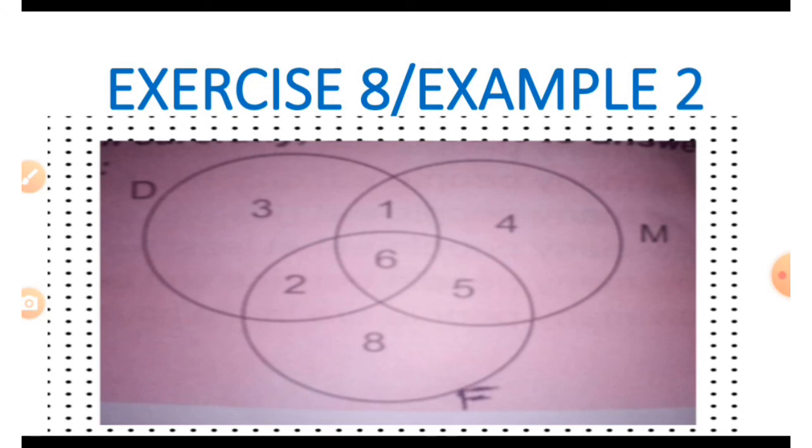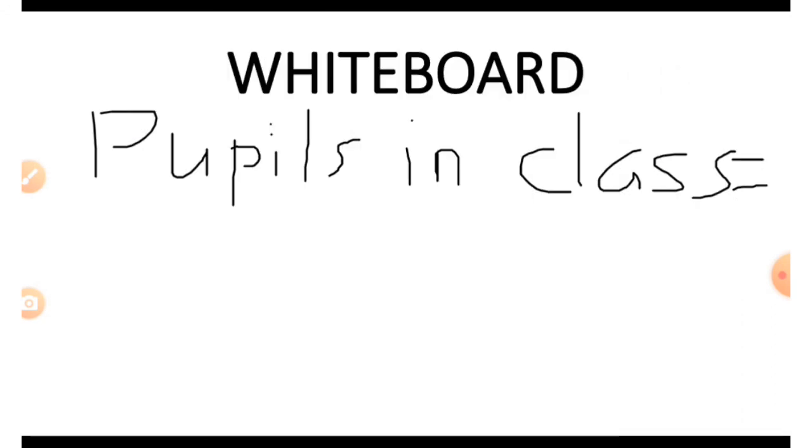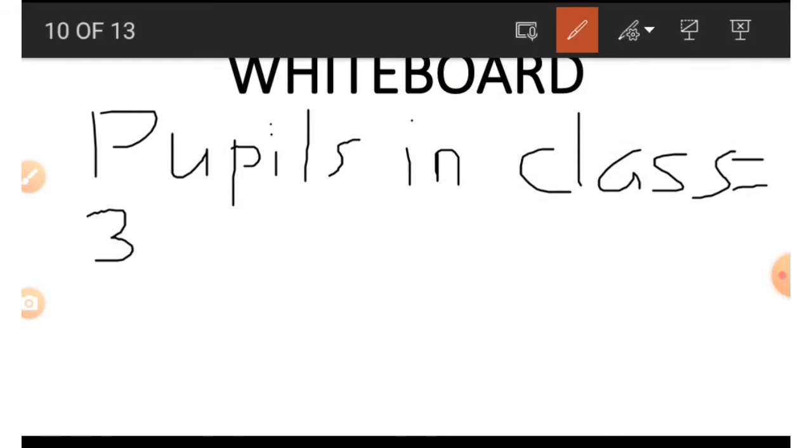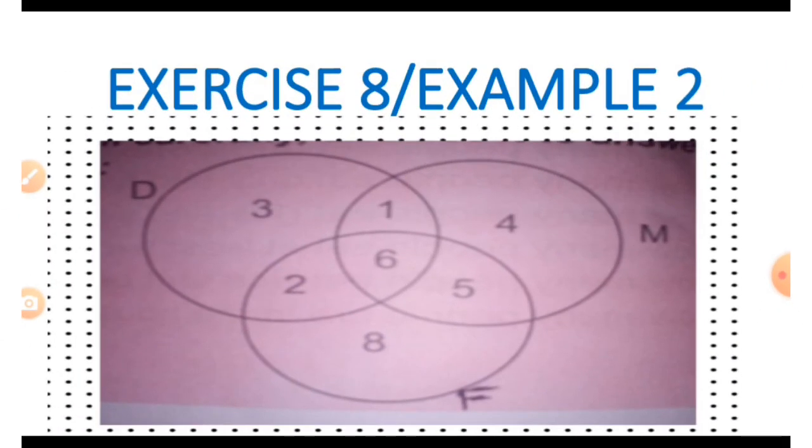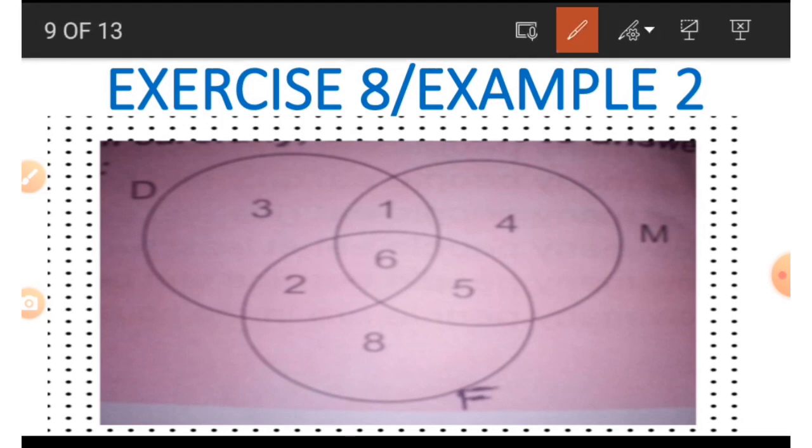Look at the numbers very well, as we are going to start adding them up now. So now let's add them up. We have 3 plus 4 plus 8. These are the numbers that represent pupils who offer one subject only. Now let's look at pupils who offer 2 subjects only.